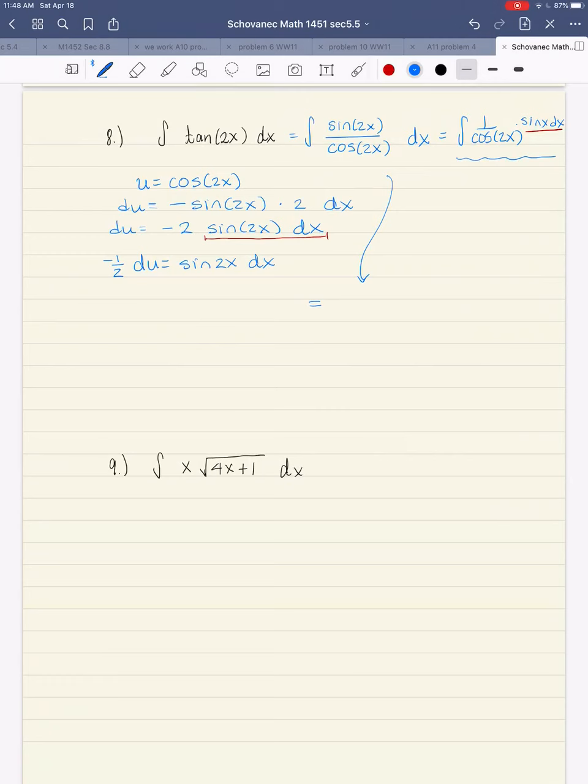Now let's go back up in here and replace the cosine of 2x with u. Replace the sine of 2x dx with a negative 1/2 times du. So you can pull that negative 1/2 out. There's one of our basic integrals. 1 over u du is the natural log of u.